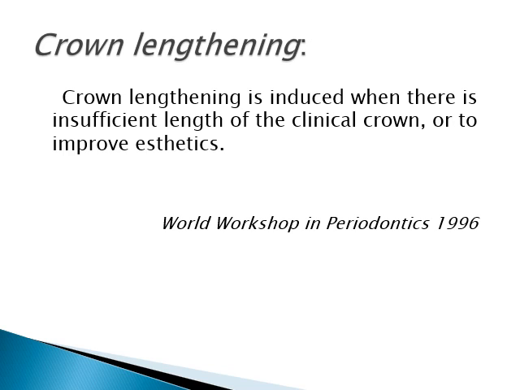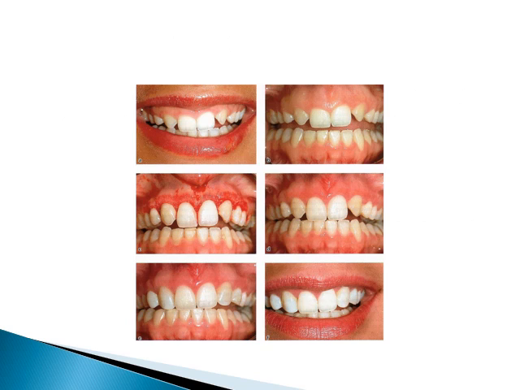Crown lengthening. Crown lengthening is indicated when there is insufficient length of the clinical crown or to improve the aesthetics. As we discussed before in the apically positioned flap, when we do not have enough crown length, we make the flap and increase the length of the clinical crown to permit us to prepare the crown.